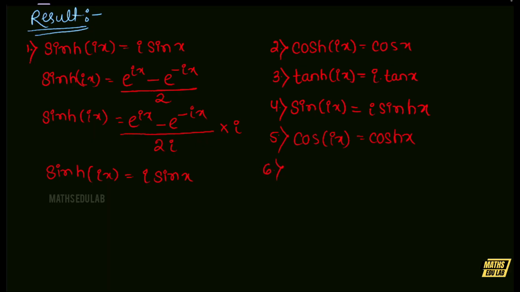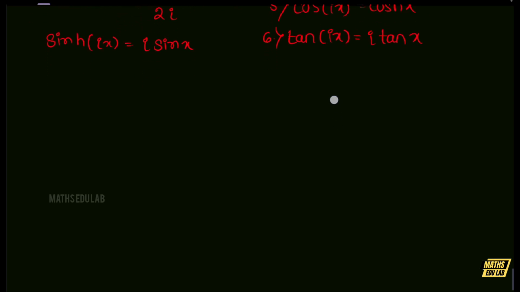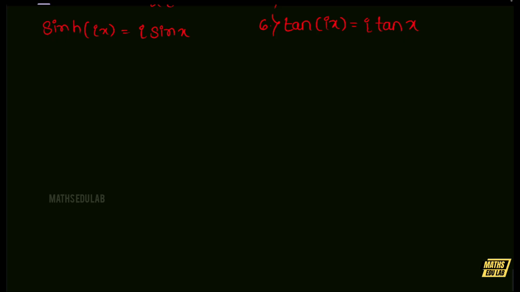And then the sixth one is tan ix, which is equal to i tan x. You will get the notes of these proofs, and then again we will do some proof sums of this related topic. So let's write the question first.